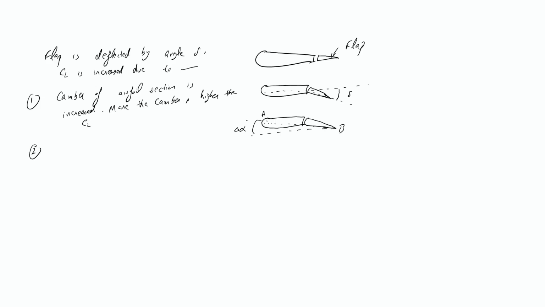And the second point is, note here that there is a virtual increase in angle of attack. If you draw a chord line directly between this point and point B, there is a virtual increase in angle of attack by the virtual chord line.